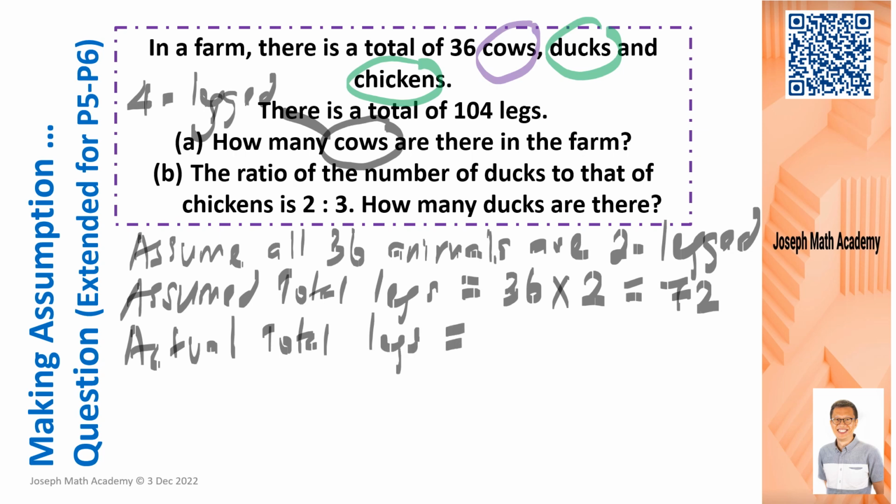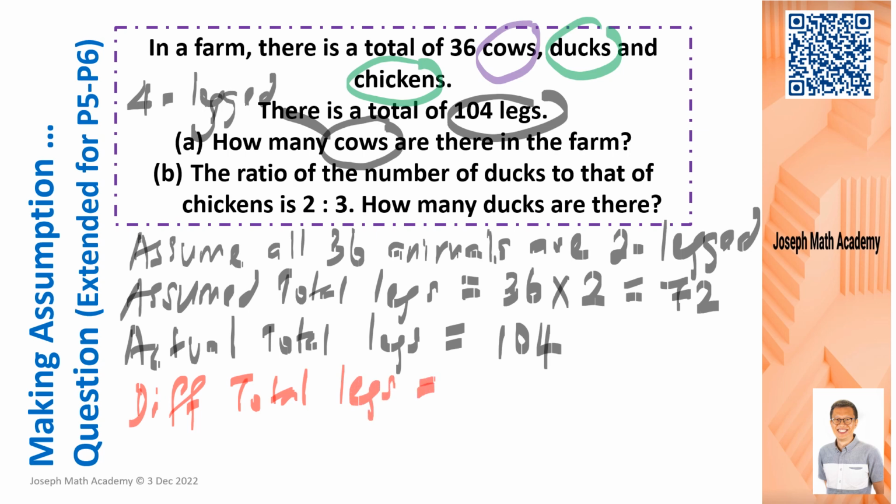So actual total legs given here is the 104. This one, just copy down. And next one, equation number 3 will be difference in the total. Take the two totals, we subtract each other. 104 minus 72. Subtract carefully, you get 32.